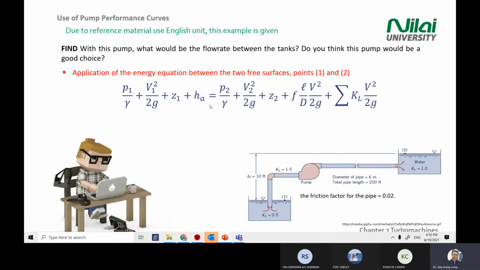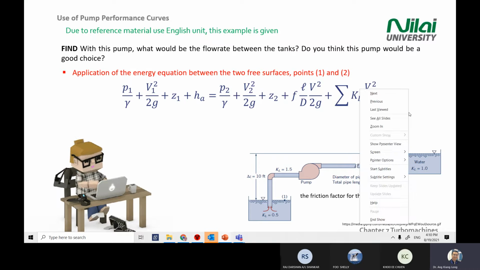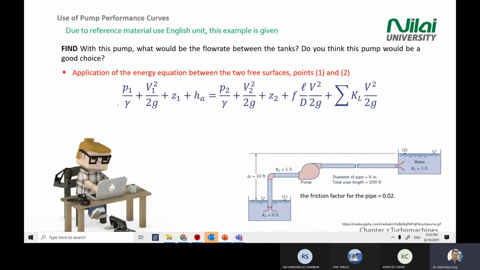On the left hand side, you have the pressure, velocity, elevation, and the actual head. Actual head, so not loss, actual head. And the right hand side, you have the pressure, velocity, elevation, and the major head loss and minor head loss. Just to remind yourself, this is the pressure effect, the hydrostatic pressure energy.